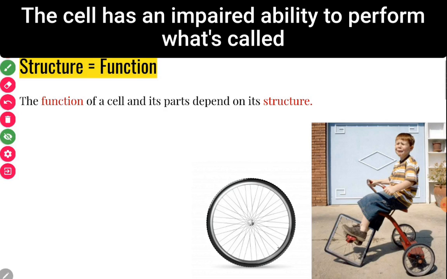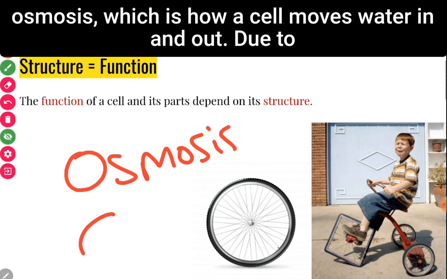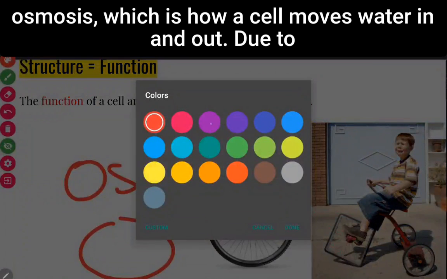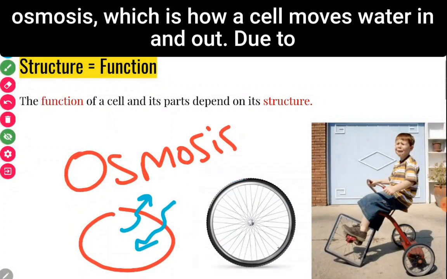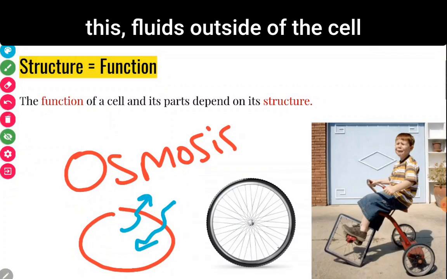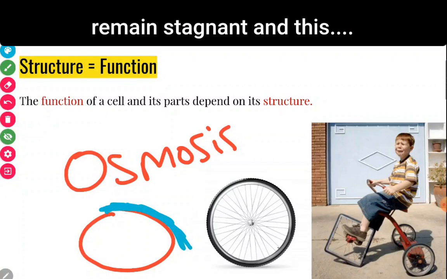The cell has an impaired ability to perform what's called osmosis, which is how a cell moves water in and out. Due to this, fluids outside of the cell remain stagnant.